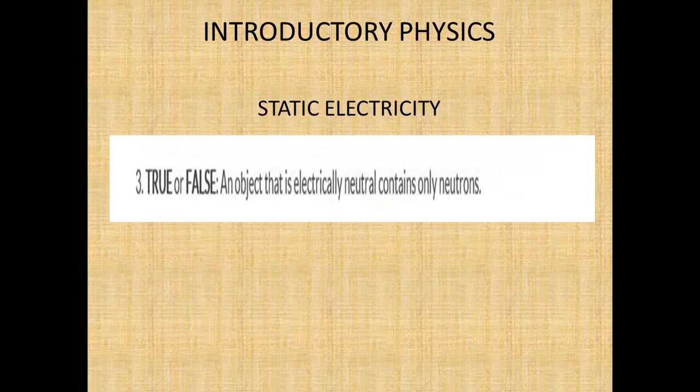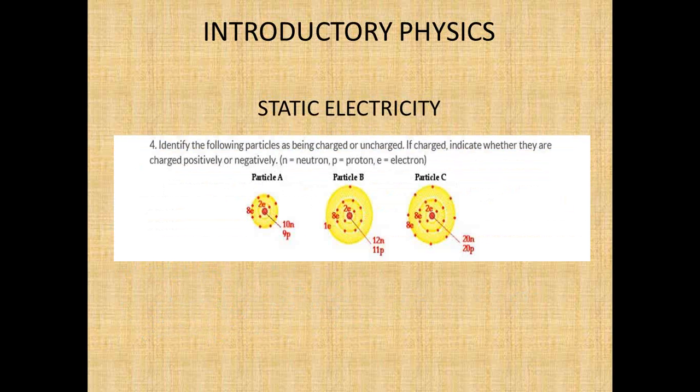The protons are in the nucleus along with neutrons, and then the electron shells are around the nucleus. The negatively charged electrons are going to be attracted to the positively charged protons in the nucleus. All right, so question number 4.